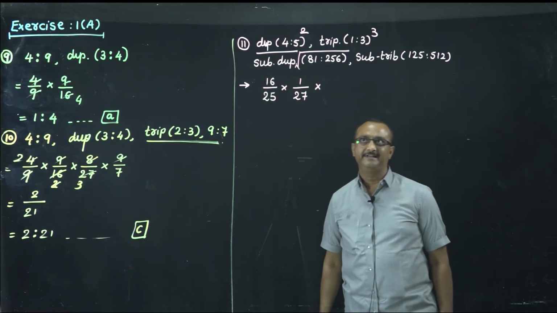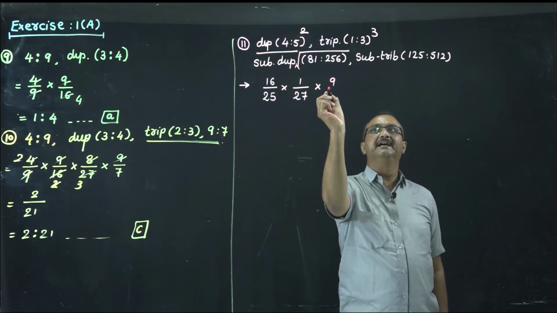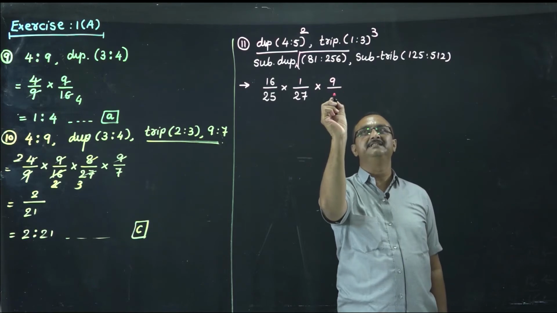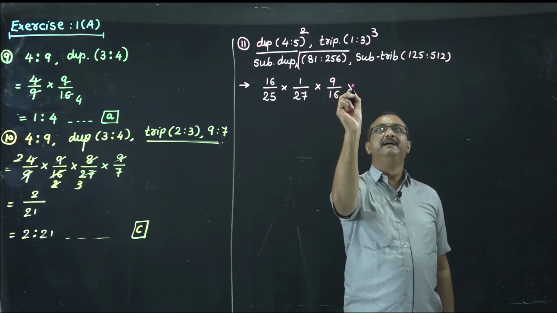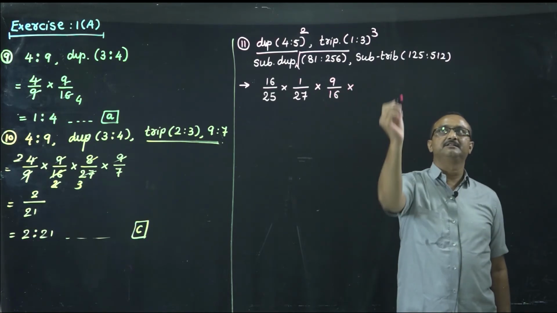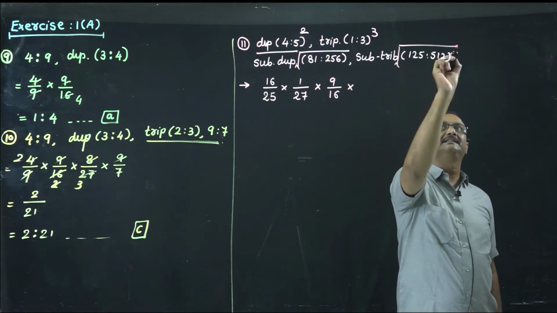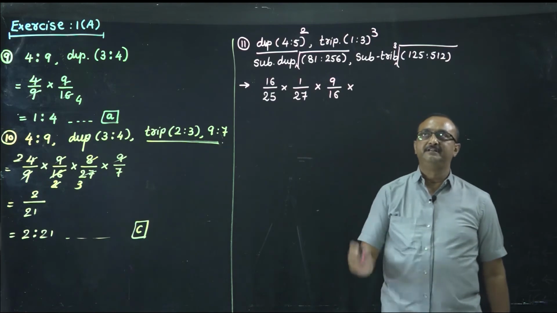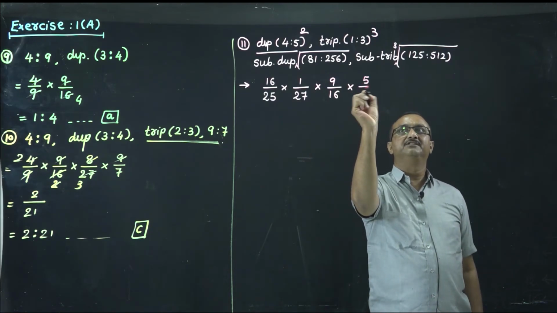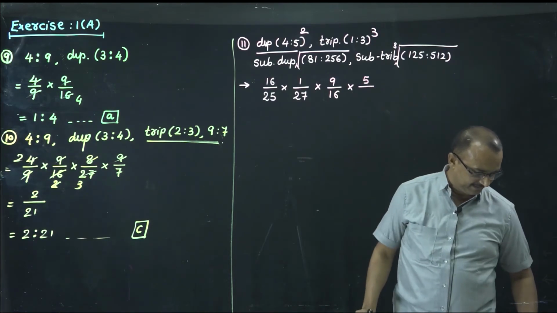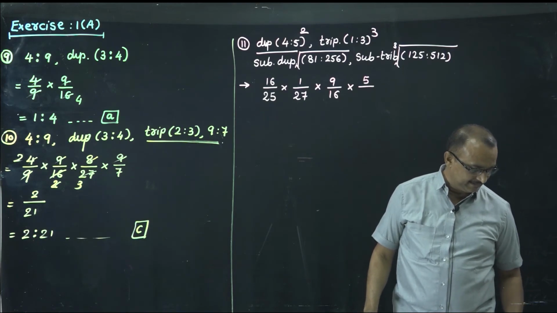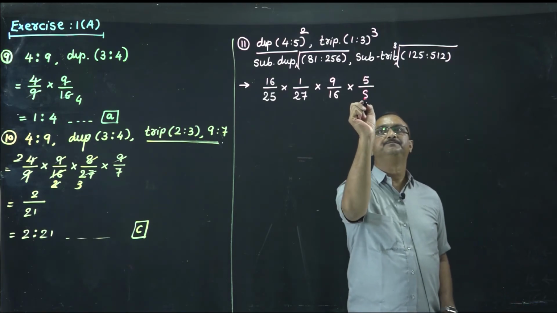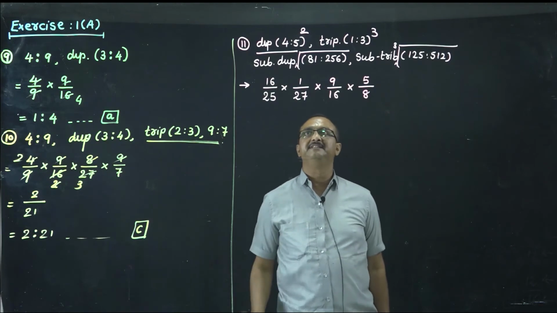Under root of 81 is 9 and under root of 256 is 16. And subtriplicate means third root. Third root of 125 is 5 and third root of 512 is 8.